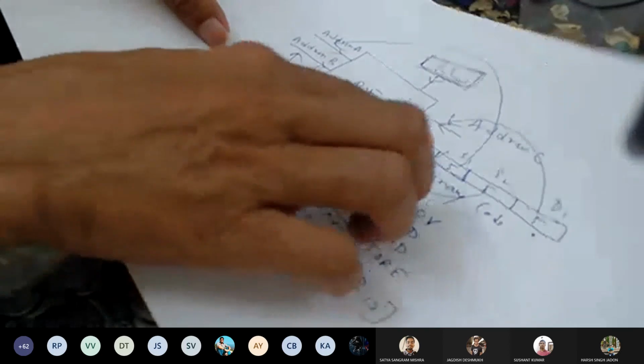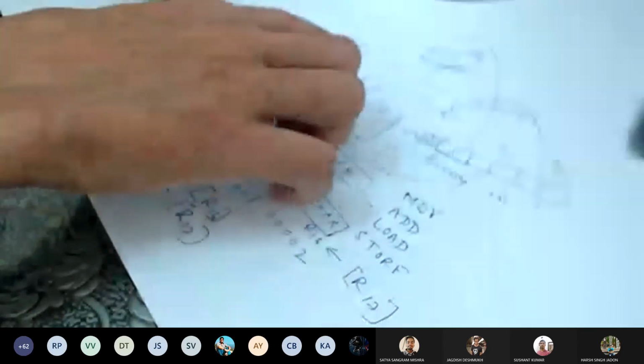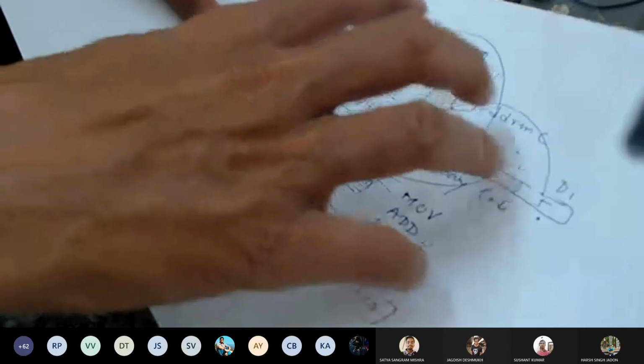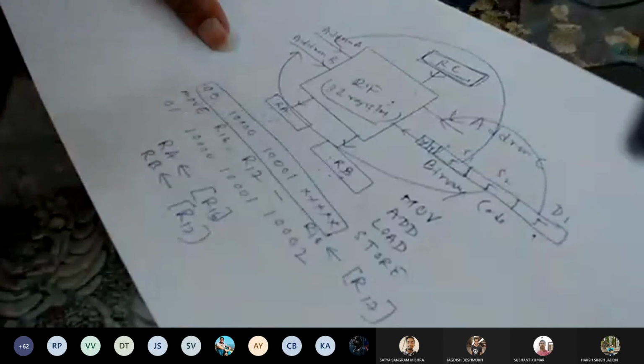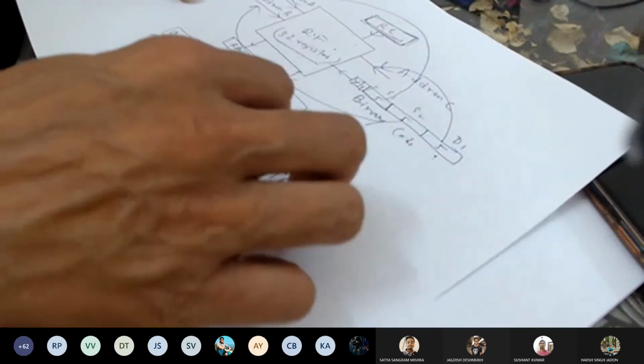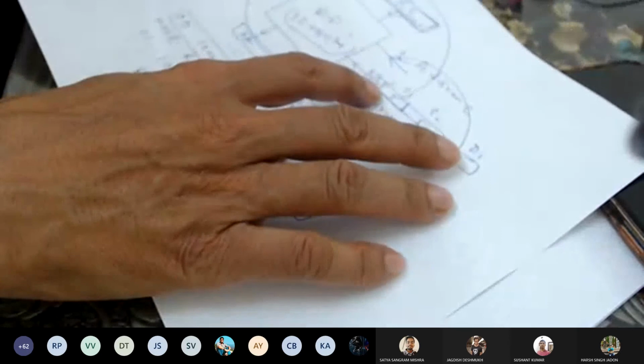So the best one is to realize this: you have a register file with 32 registers and 3 additional registers, RA, RB and RC, and 3 address ports. Now I want to do various types of transfers needed to complete add, load, move and store data transfer. All data transfer related to these instructions, that is what we want to realize.